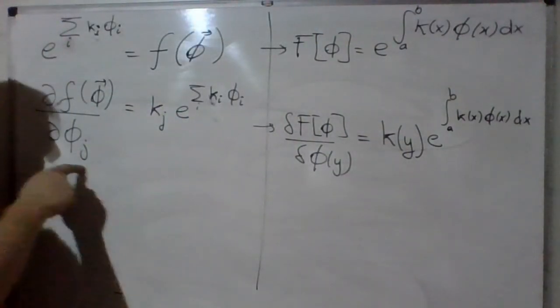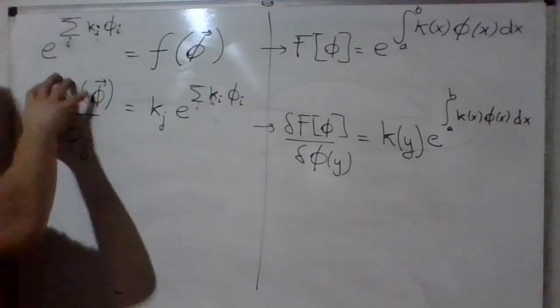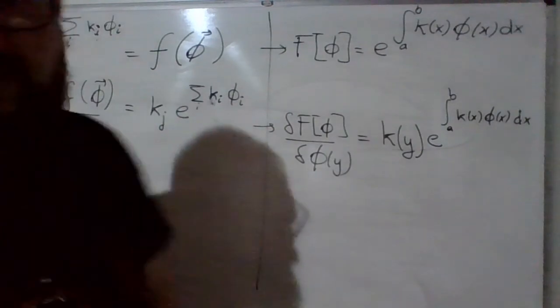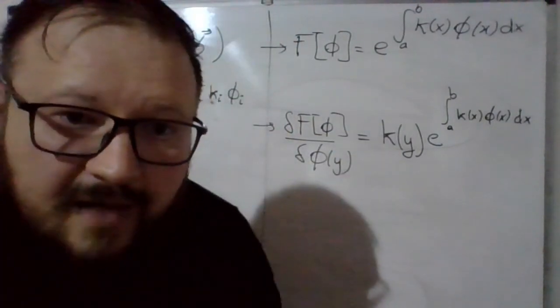So in this case, you replace a discrete by a continuous, but the results are very similar. Okay, I'm finishing here.